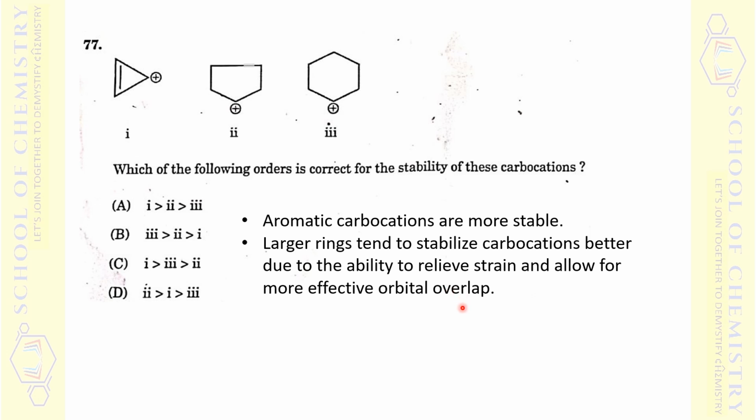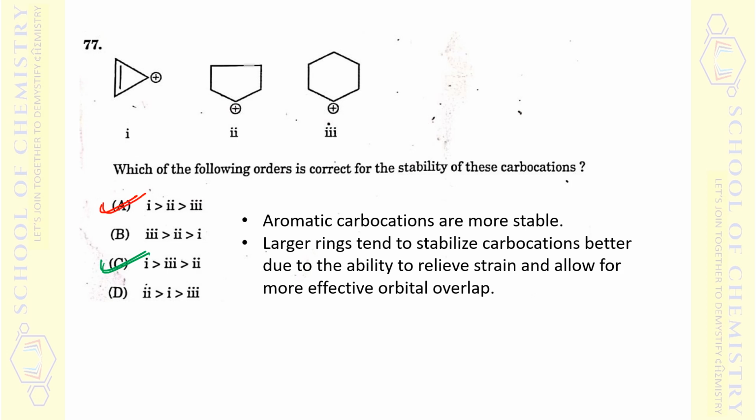Because of all those reasons, generally speaking, the larger the size, the more stable it is considered. That logic should be applied here also, and as per that, the correct answer should have been option C, because cyclohexylium is more stable, and then the least stable is this. But somehow the given answer is A.